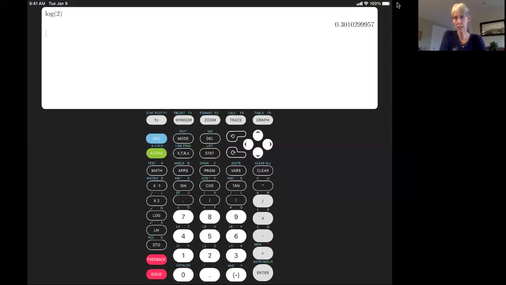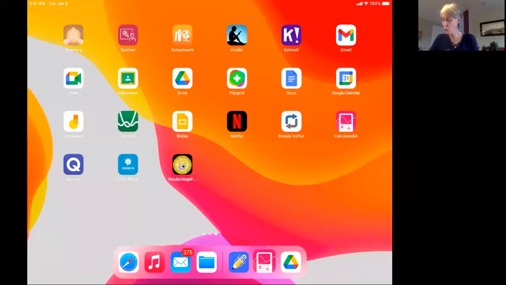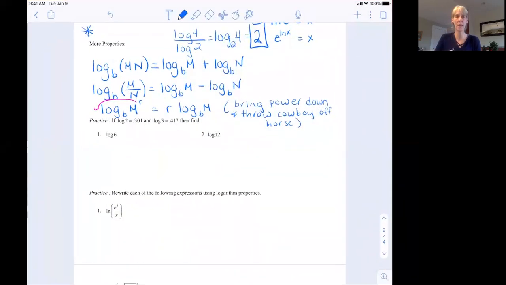I don't know if you could see it, I don't know if I'm in the way. But you get that decimal. So we're going to be using actual numbers to evaluate these. Log 2 is equal to 0.301 and log 3 is 0.417.